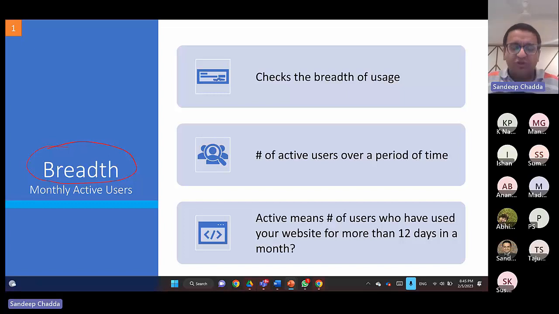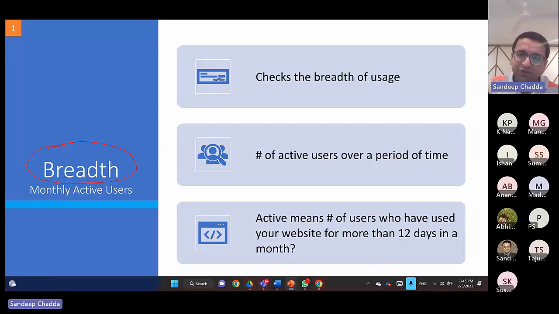If I'm using Amazon search or Amazon.com, what does active mean? Does active mean I am active on Amazon.com if I'm at least making one order a month? If I'm using Google.com, does active mean I'm at least doing 5 searches a month?